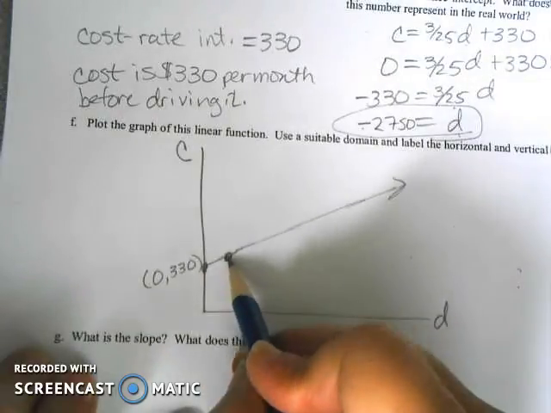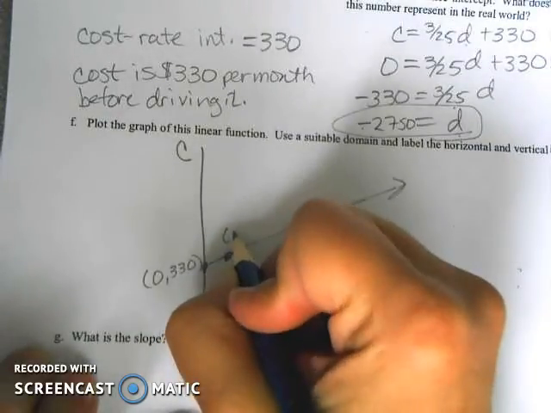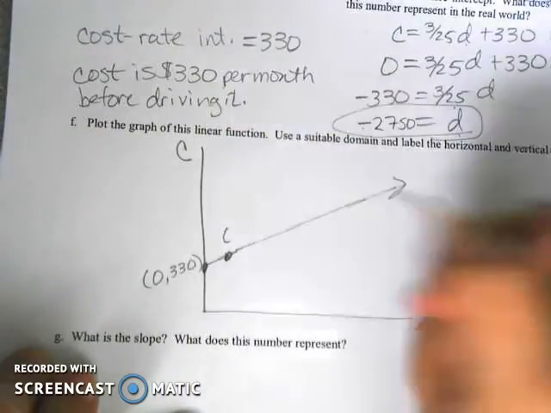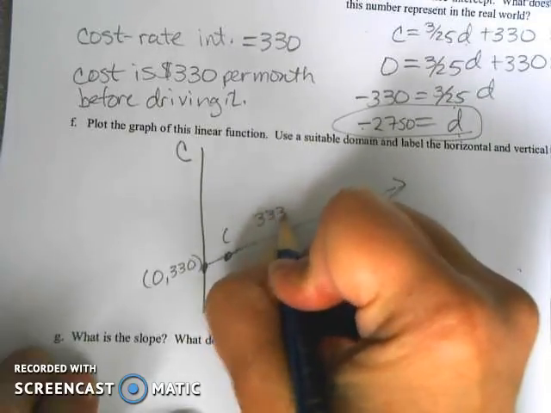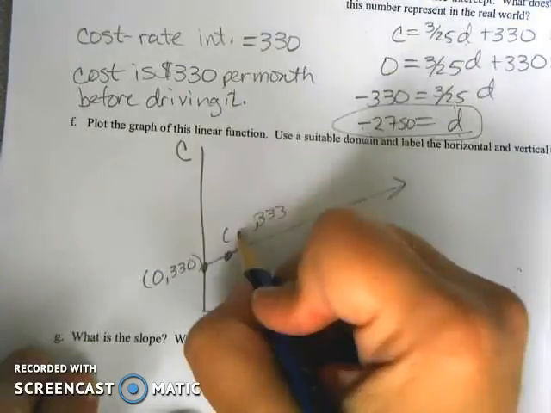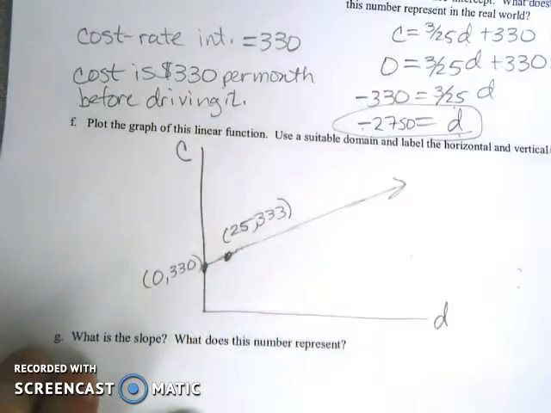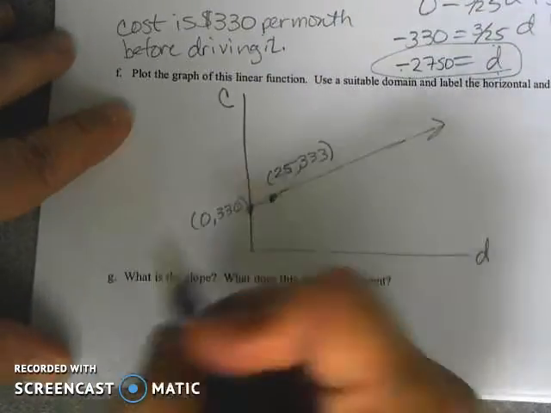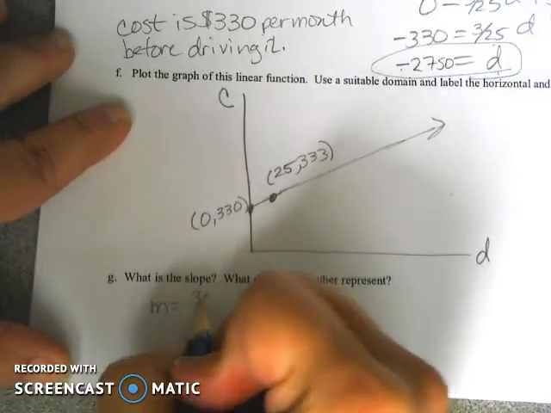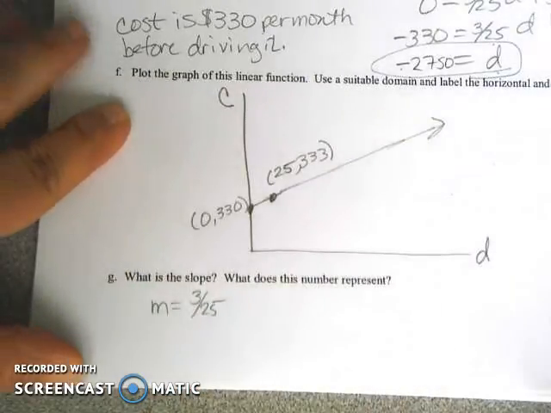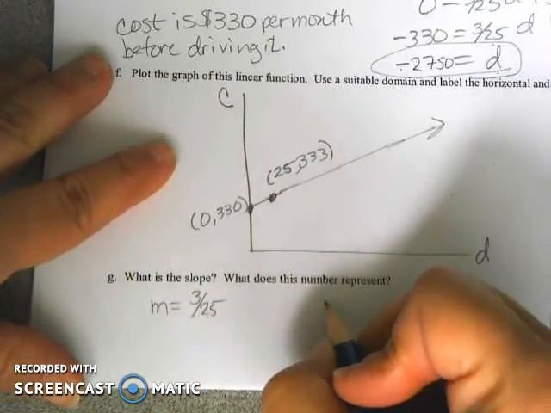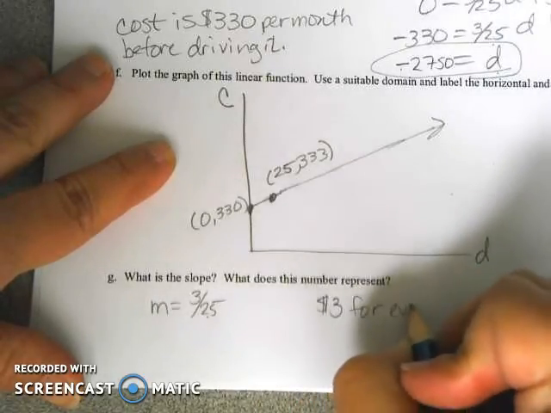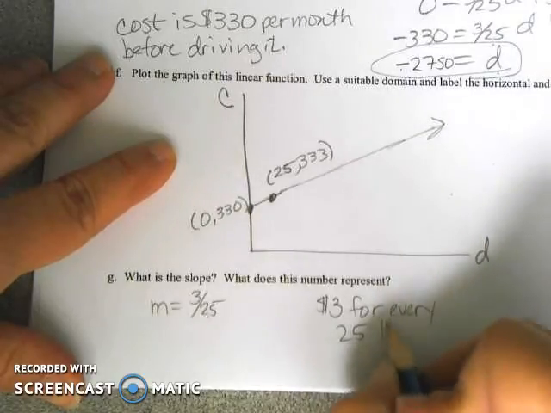So again, here it says, what is the slope? The slope was 3 over 25. What does this mean? It means $3 for every 25 kilometers.